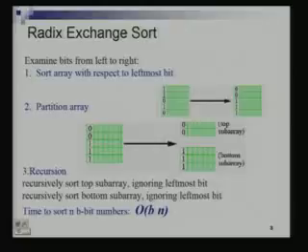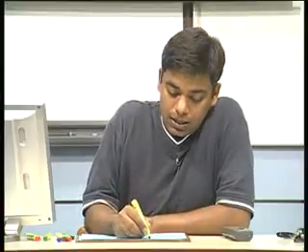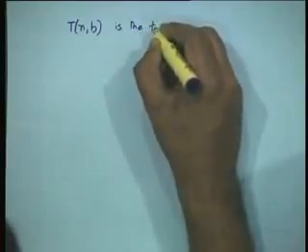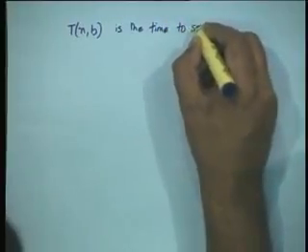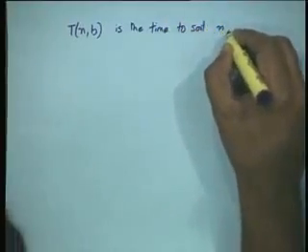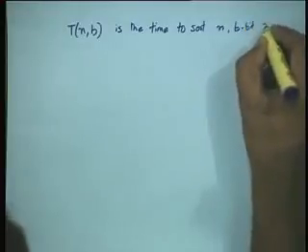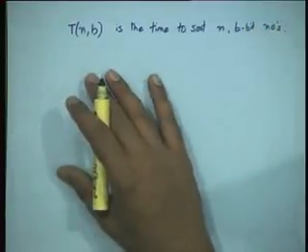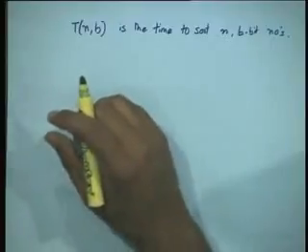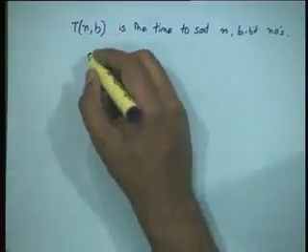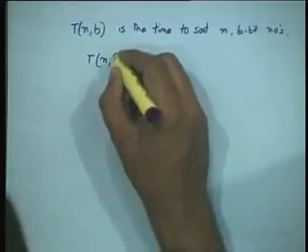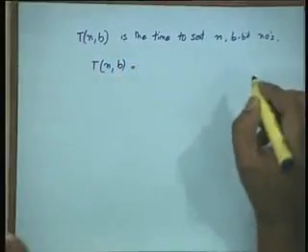So, T of n comma b, why comma b? Because the number of bits matters. This is the time to sort n b bit numbers. Let us say this is T of n comma b. What is this equal to?